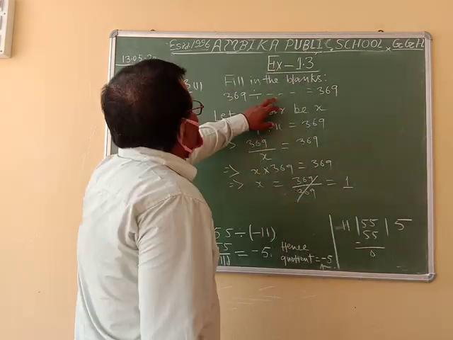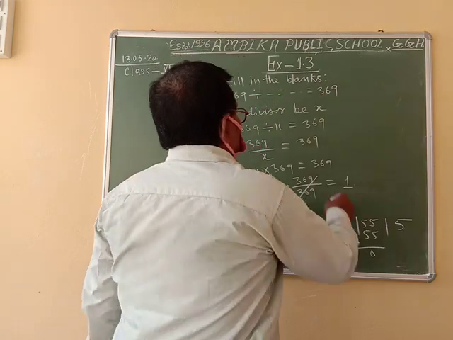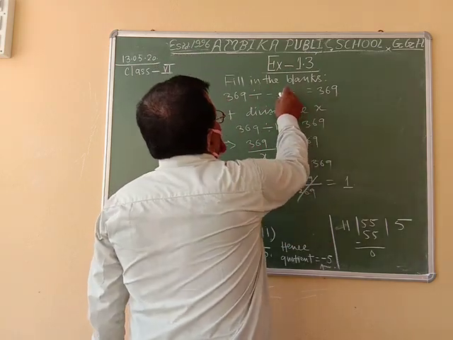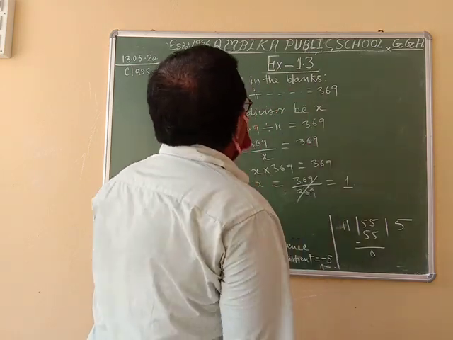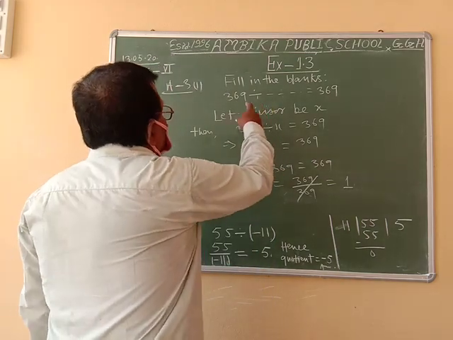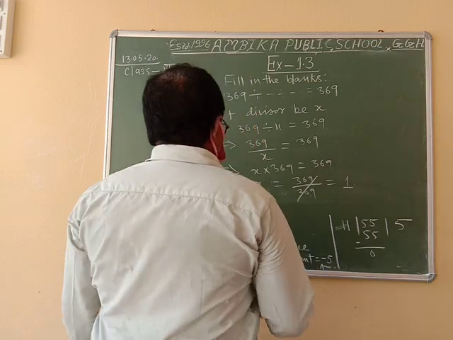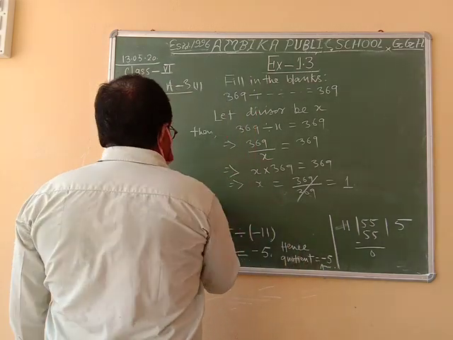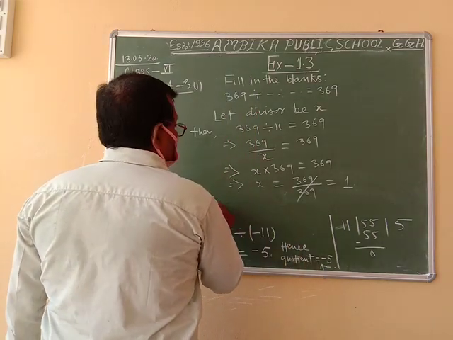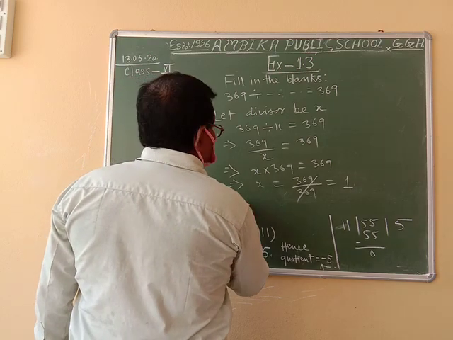So we put x is equal to 1: if we divide 369 by 1 we get 369. Hence answer is equal to 1.